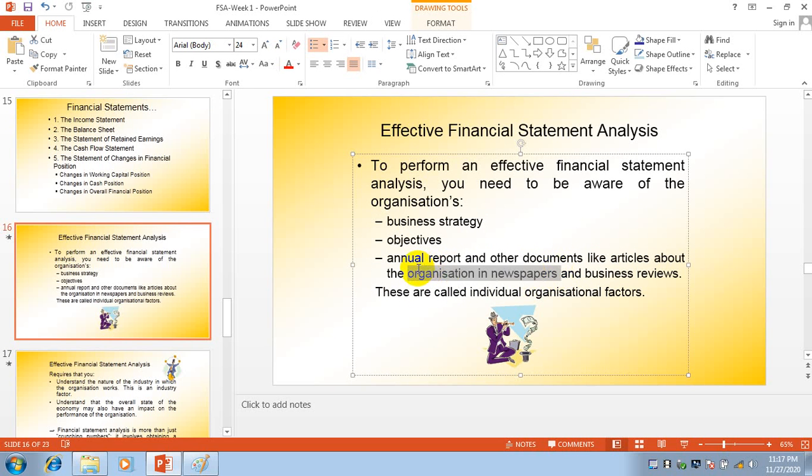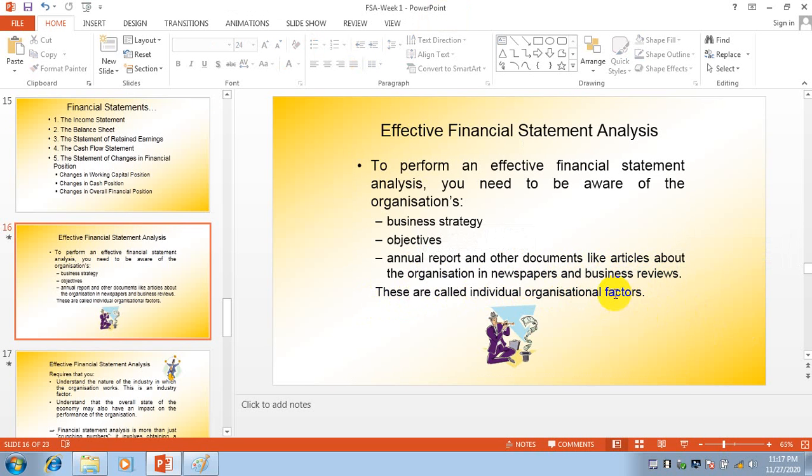What are the articles published about this organization in the newspaper, and different business reviews? These are called individual organization factors, which are important when you are doing effective financial statement analysis.